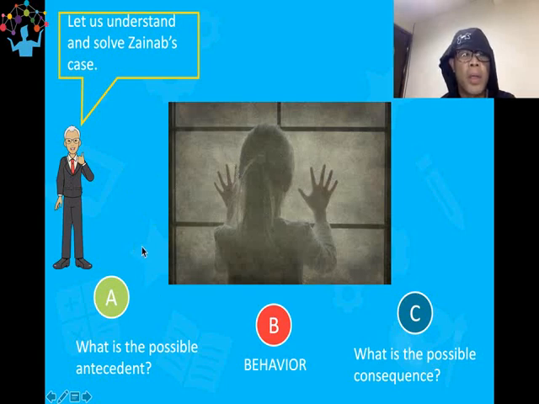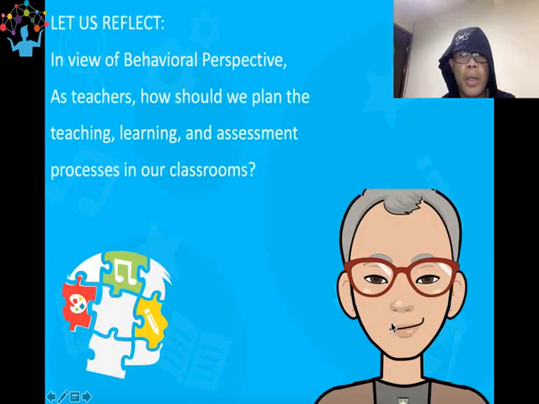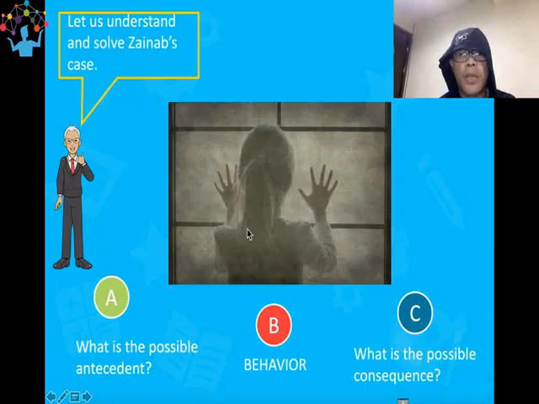So what possible antecedents can I create, and what possible consequences can we develop, to change this behavior? Okay, I will be asking that a little later as an exercise for the class.